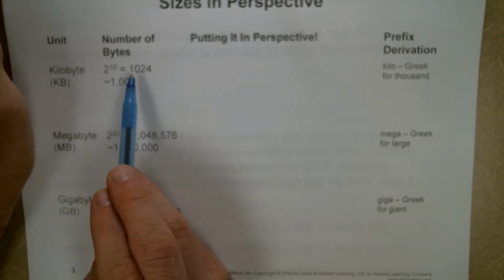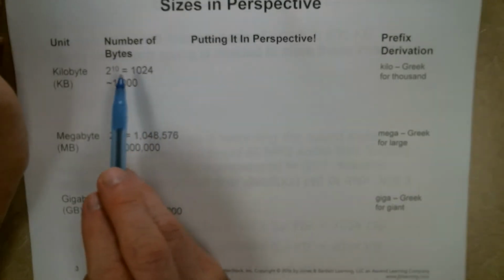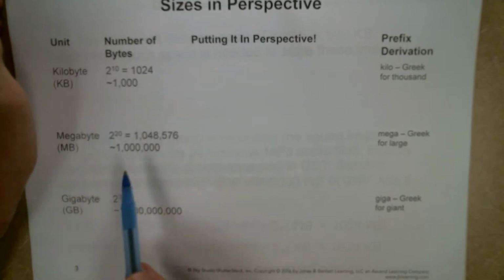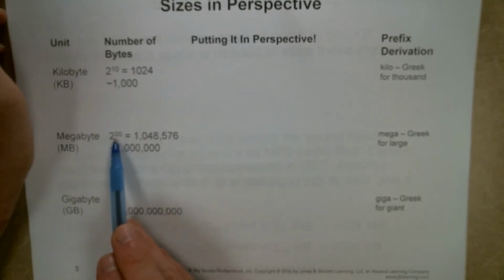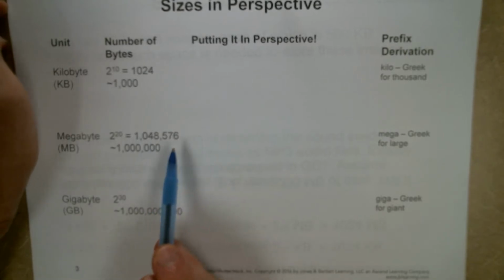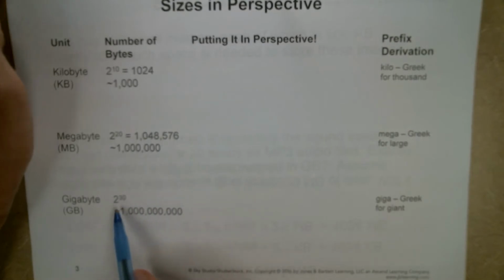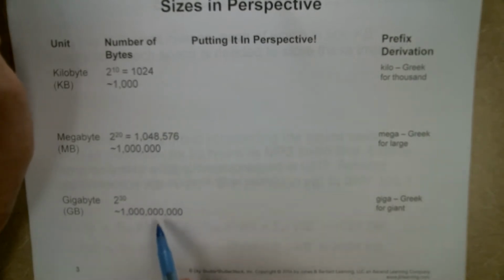So technically there are 1,024 bytes in a kilobyte, but a lot of times that just gets abbreviated to 1,000. There are 2 to the 20th bytes in a megabyte, which is 1,048,576, but a lot of times that gets rounded down to 1,000,000 bytes. And there are 2 to the 30th bytes in a gigabyte, which is roughly 1 billion bytes.